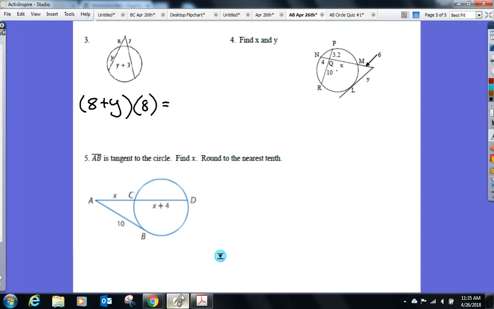11? Y plus 10. Nice job. And what's the part on the outside? 7.